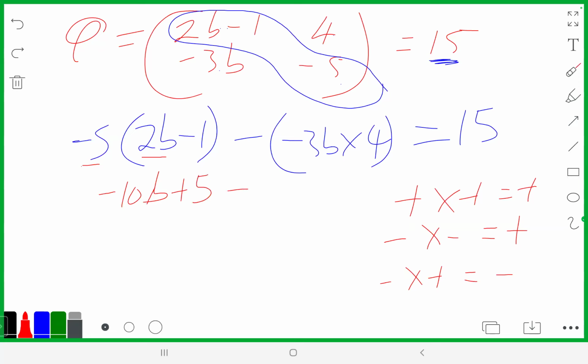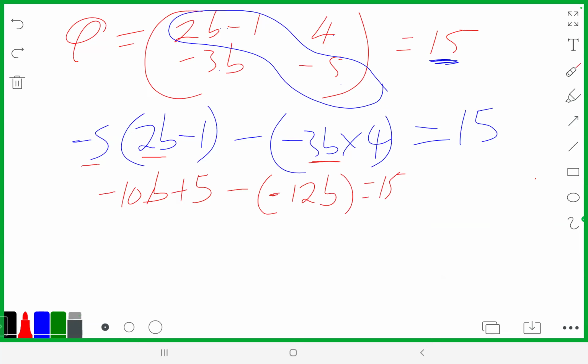Okay, minus negative 3b times positive 4, that will be negative 12b, right? Negative 12b is equal to 15.